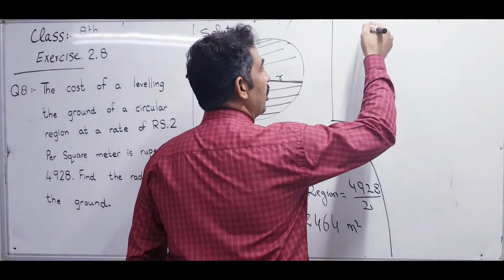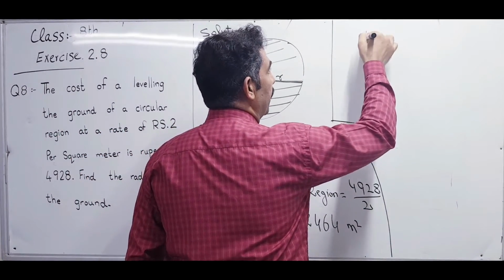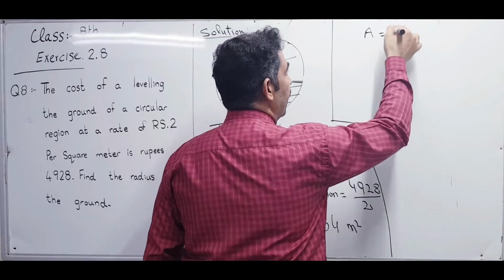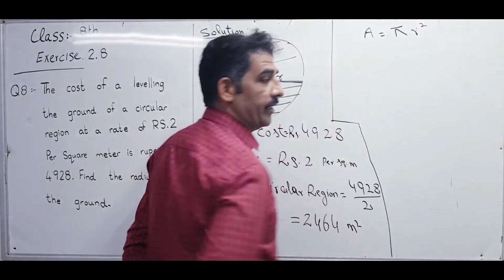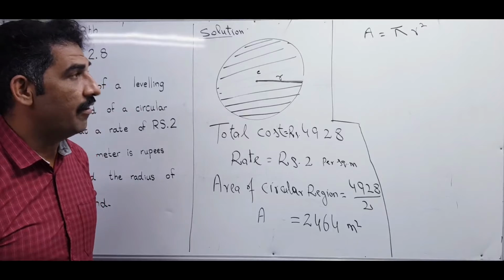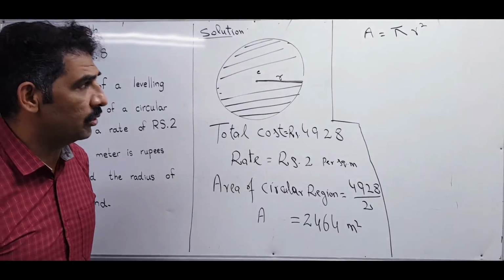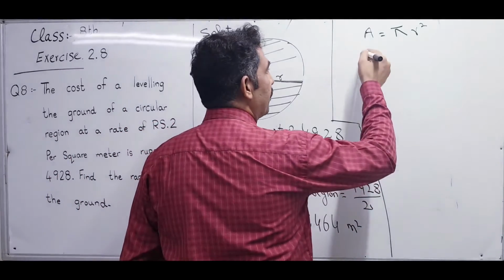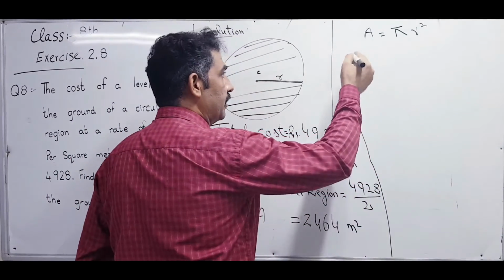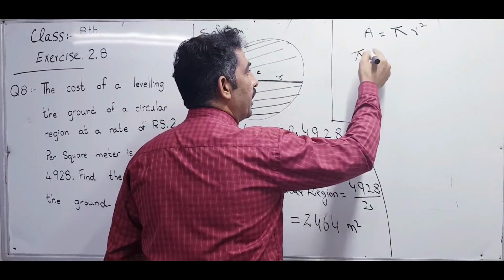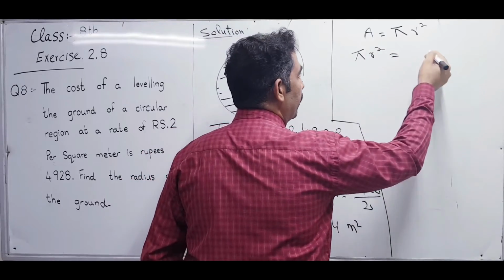Good. Area of the circle formula: A, area, is equal to pi r square, while the value of pi is equal to 22 over 7. So we can also write in this form: pi r square is equal to area.